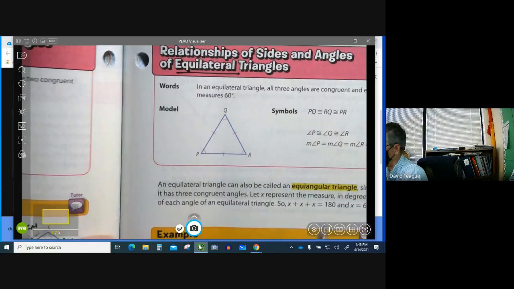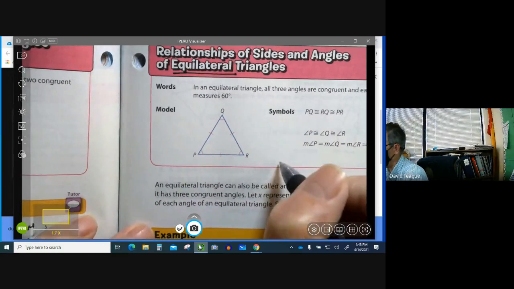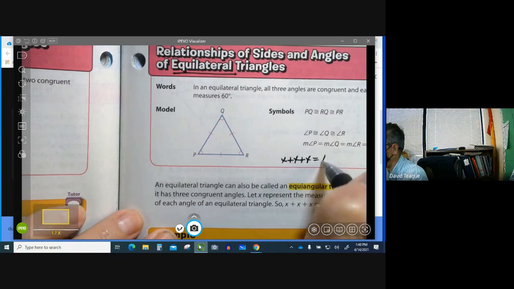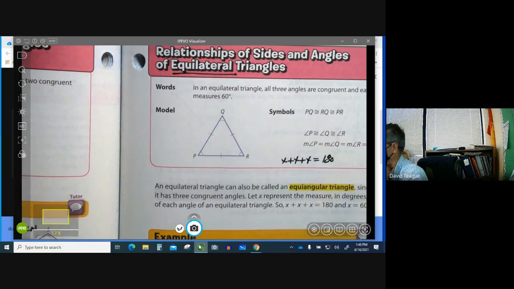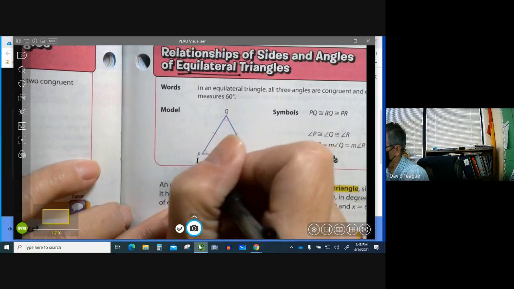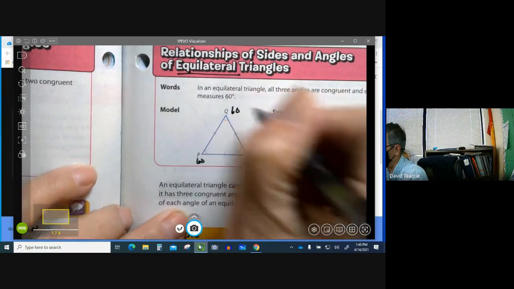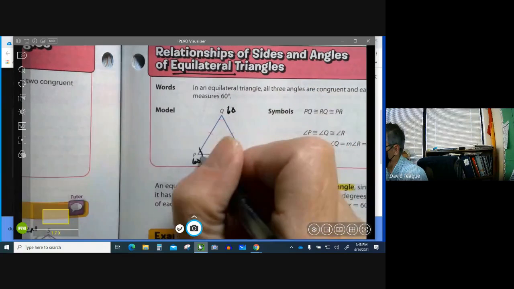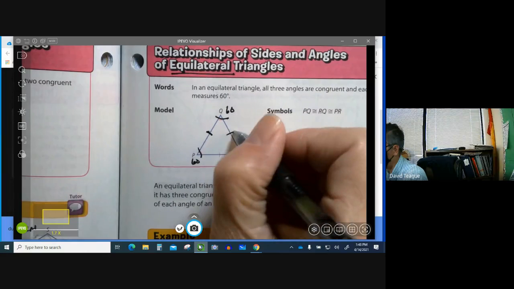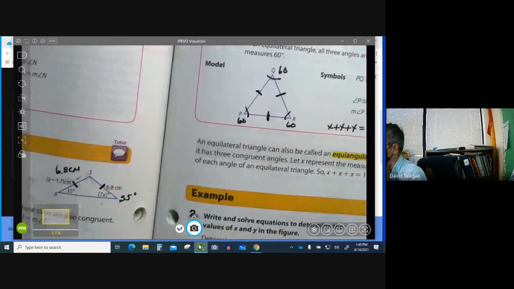So if these are congruent, you can figure it out by taking angle 1 plus angle 2 plus angle 3 equals 180. Well, 180 divided by 3 is 60, so you know the value of each one of these angles is 60 degrees. So this angle is congruent with this one, and this side is equal to that side is equal to that side.